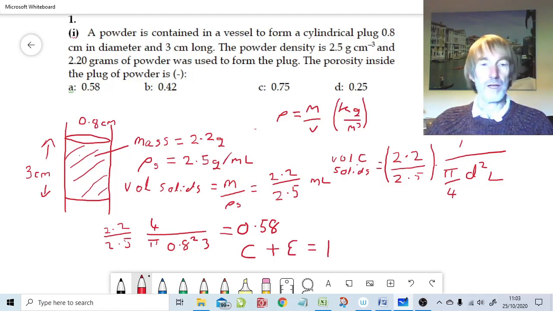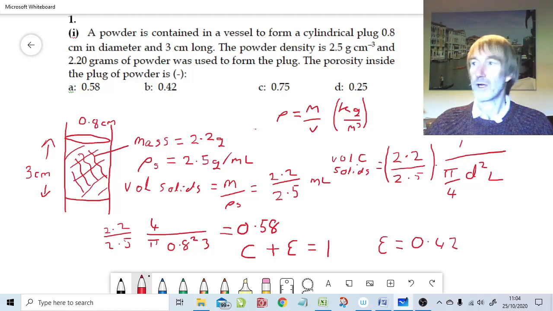So in your porous media, in this bed over here, you've either got solids or voids and nothing else, and we know it's 58% solids, so therefore the voidage or porosity is 42%, or 0.42. So the answer to this particular part of the question is B, 0.42. That is the porosity of the plug of powder in the bed.